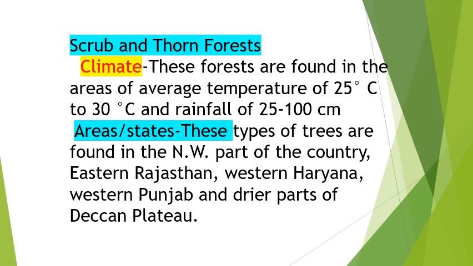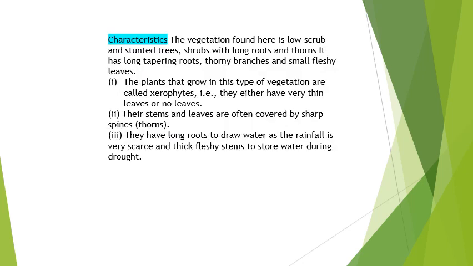So this is found in the northeastern part of the country in eastern Rajasthan. So just see, sometime back we had studied that the desert forests are found in western Rajasthan. However, the scrub and thorn forests are found in eastern Rajasthan, western Haryana, western Punjab and the drier parts of Deccan Plateau. The characteristics of scrub and thorn forests are again the same as desert type of vegetation because the rainfall here is also scanty.